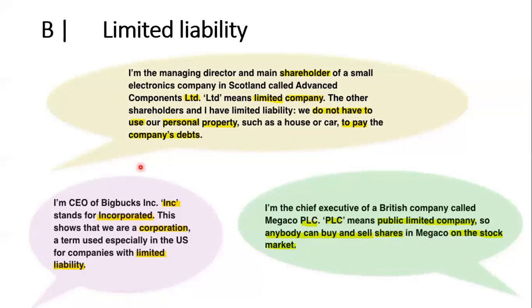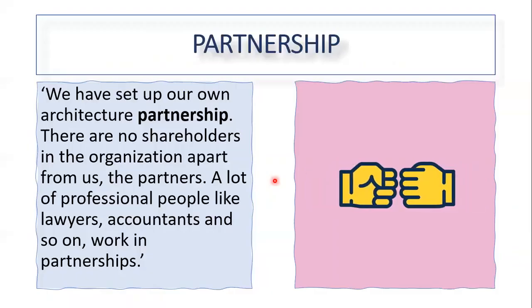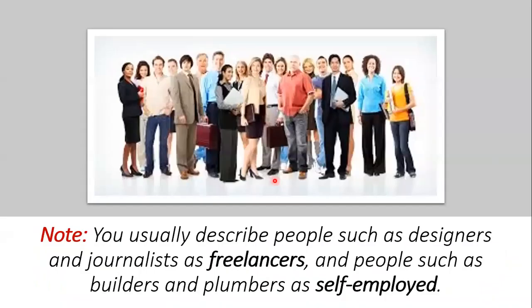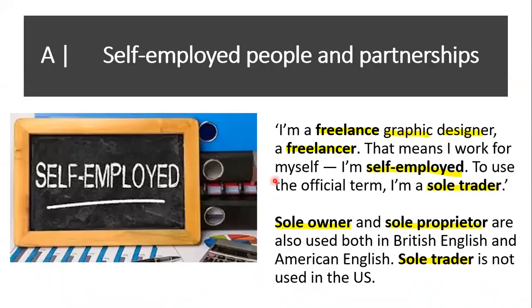So now, every time you see these letters on a company, you know the meaning and what they do. We have partnership, a business you can open with a friend. Or if you want to work for yourself, you can consider being self-employed or a freelancer.